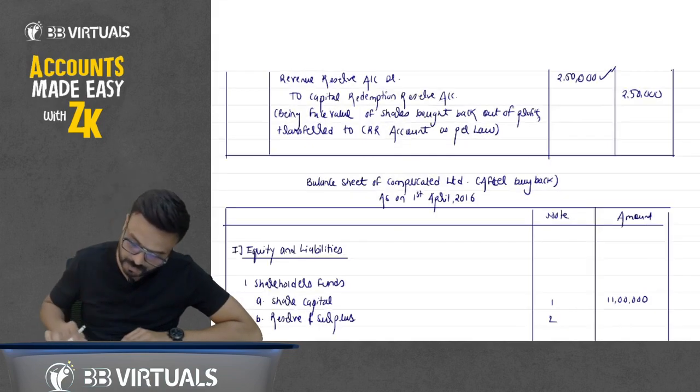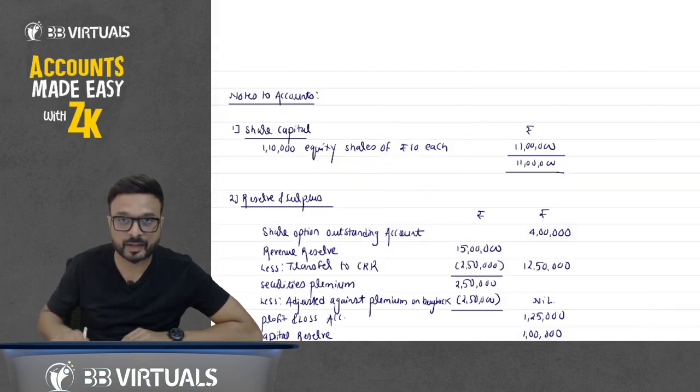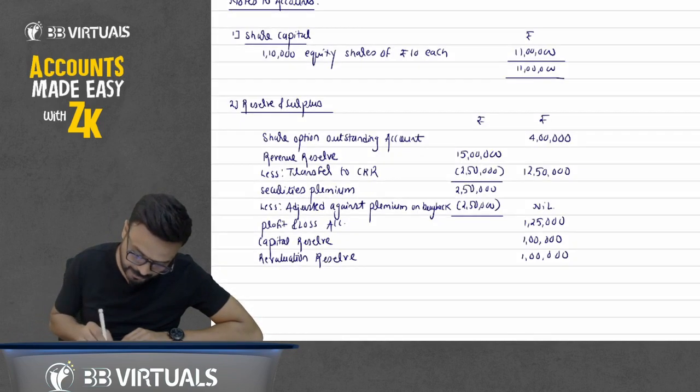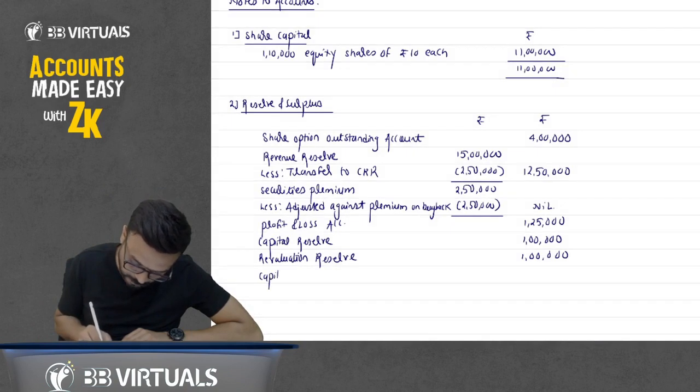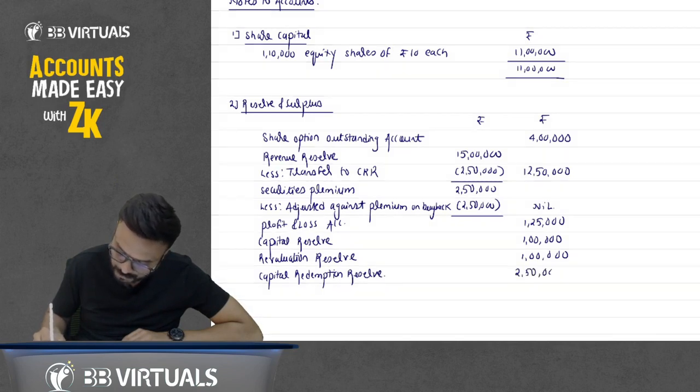And here we have created this capital redemption reserve account by rupees 2,50,000. So write down here: capital redemption reserve account. Capital redemption reserve, we have transferred to the CRR account, 2,50,000.